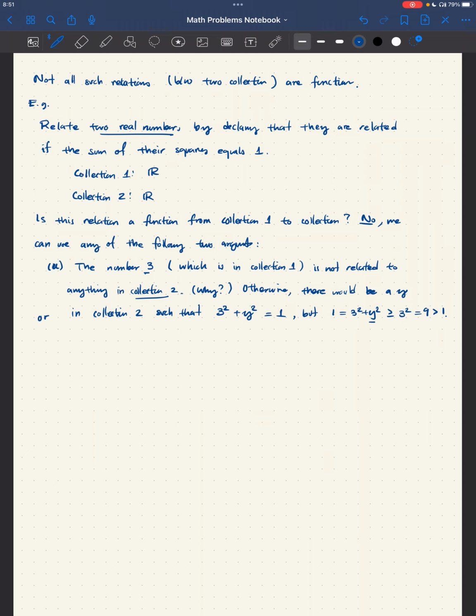Or, we can indicate also the following. We can say 0, which is in collection 1, is related to two things in collection 2.